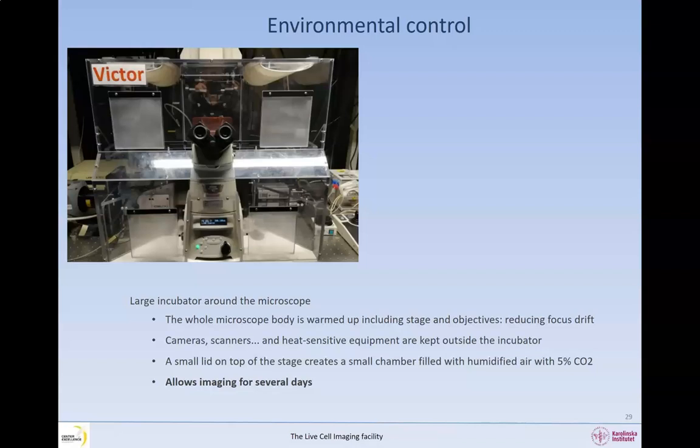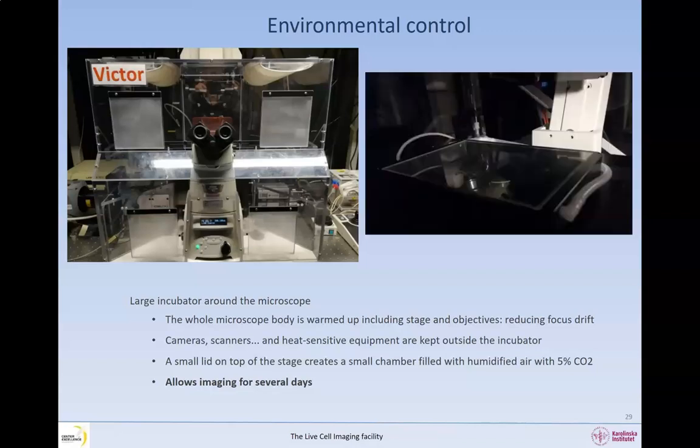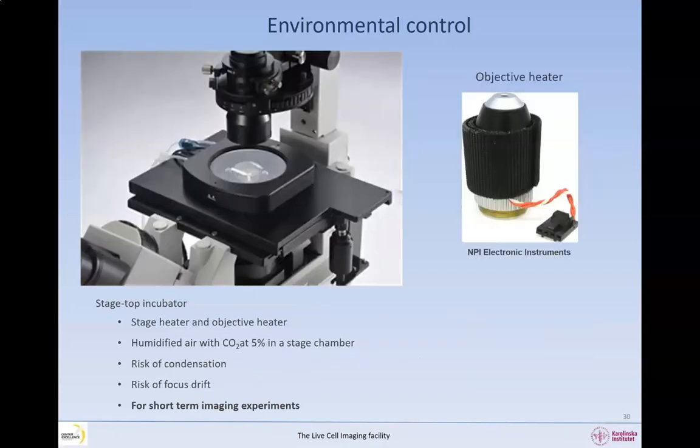Sensitive equipment, like cameras, scanners, etc., are outside the incubator. In addition, the system has a small chamber on the stage filled with humidified air with 5% CO2. This setup allows several days of imaging. There are also small stage incubators. The stage is heated up while the rest of the microscope is cold.